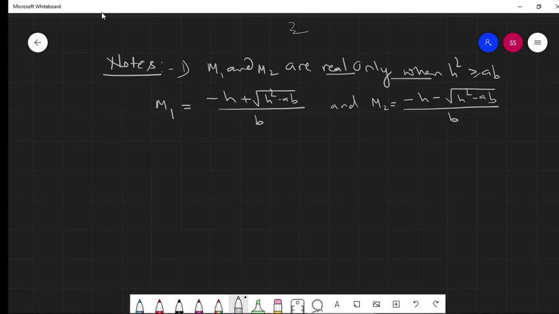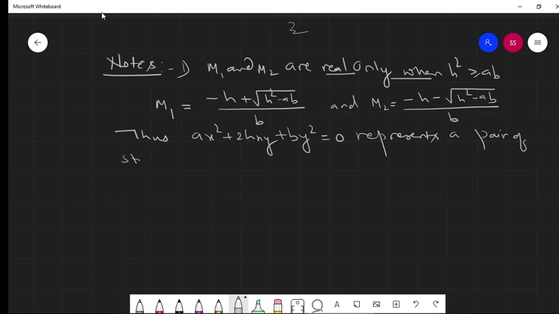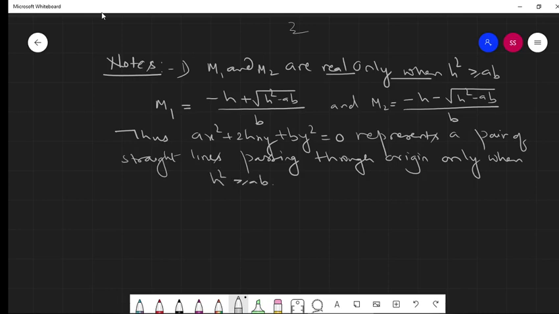Firstly, we have to go through this. If we obtain this, thus ax square plus 2hxy plus by square equal to 0 represents a pair of straight lines passing through origin only when h square is greater than ab.